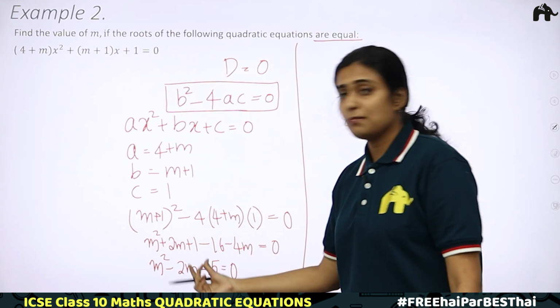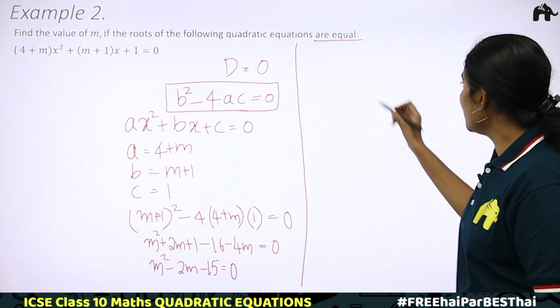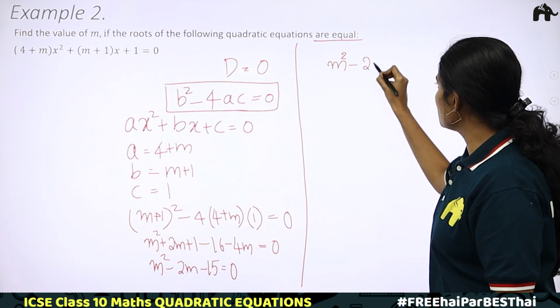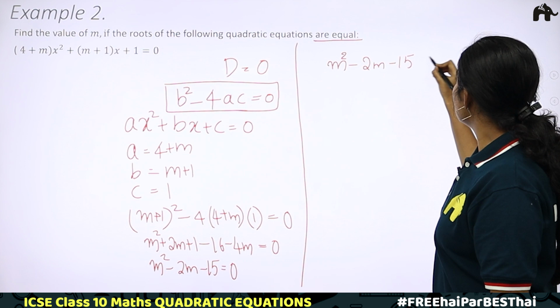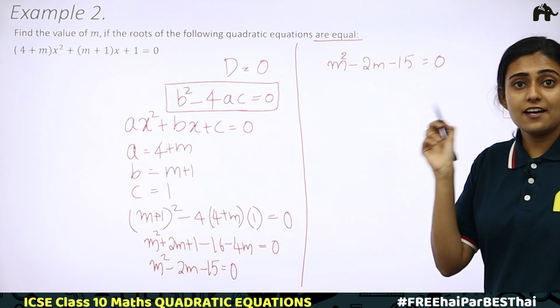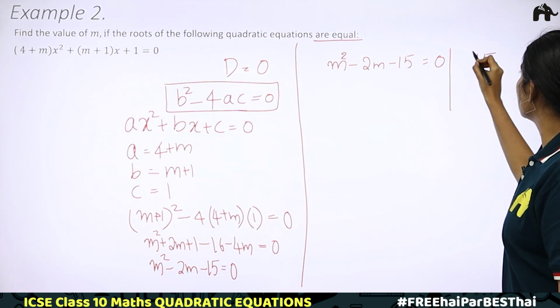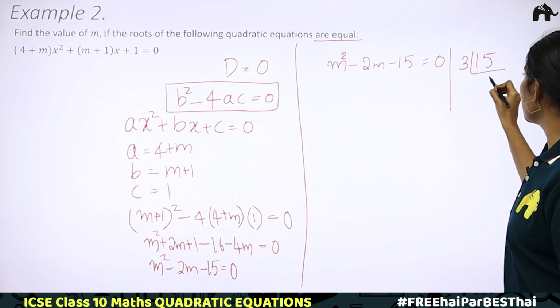Now, let's use the method of splitting the middle term. Here, the equation is m square minus 2m minus 15 is equal to 0. Let's find the factors. Take 15. 15 can be divided with 3. You get 5.